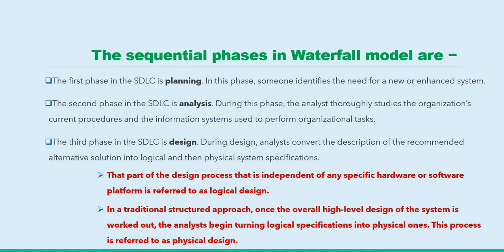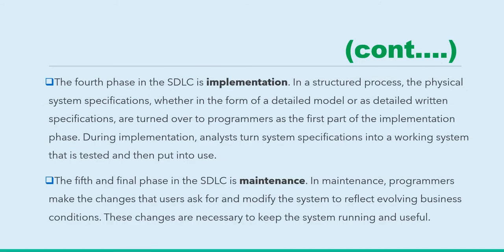Right, and this process is referred to as the physical design phase. The fourth phase in the SDLC is implementation. In a structured process, the physical system specifications, whether in the form of a detailed model or detailed written specifications, are turned over to programmers as the first part of the implementation phase.